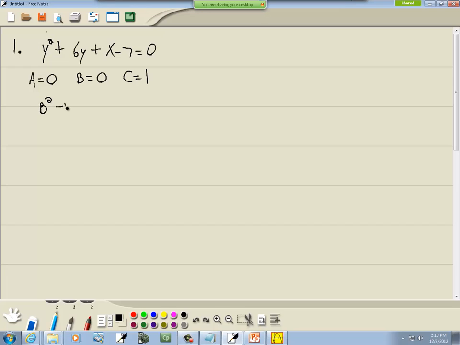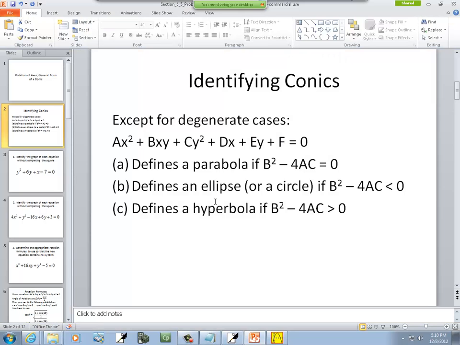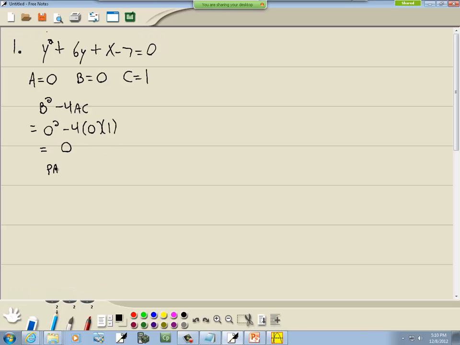So we have 0 squared minus 4 times a, which is 0, times c, which is 1. 0 squared is 0, 4 times 0 times 1 is 0, and 0 minus 0 is 0. So if it's equal to 0, then it defines a parabola. So that's a parabola.